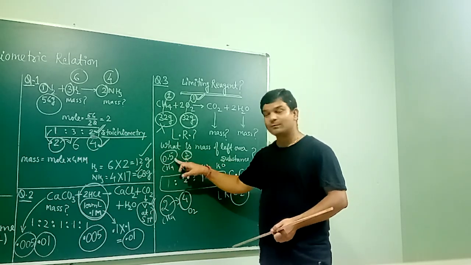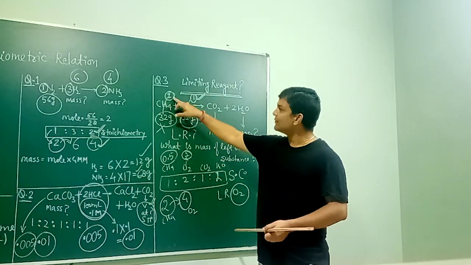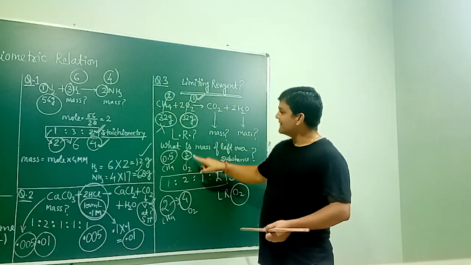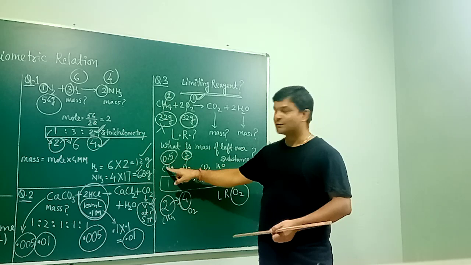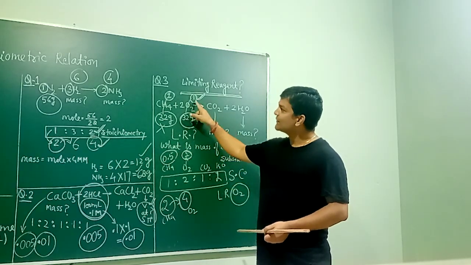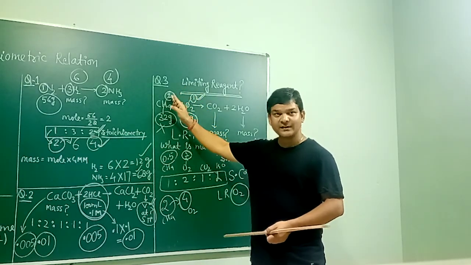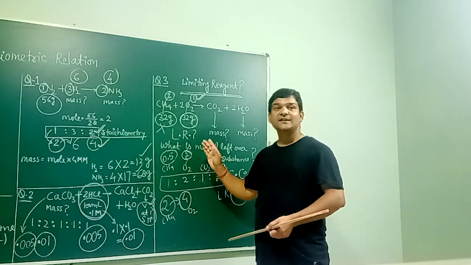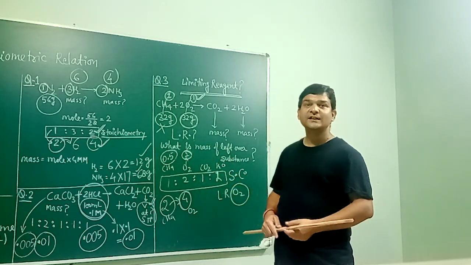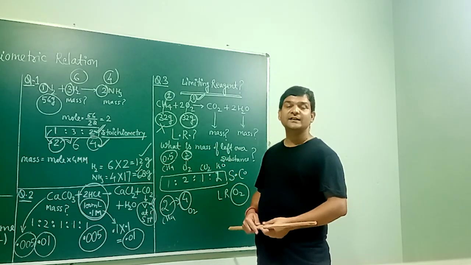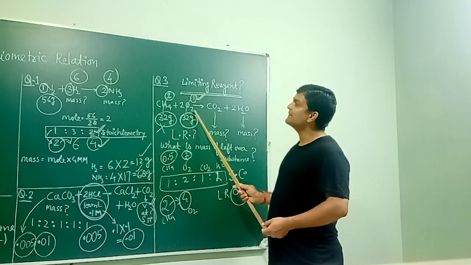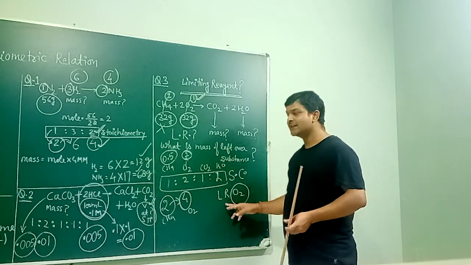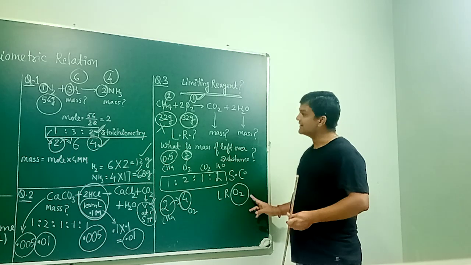We require only 0.5, we have 2 moles. It means there is no problem for oxygen to react completely in the reaction. Oxygen reacts completely and therefore oxygen is the limiting reagent.